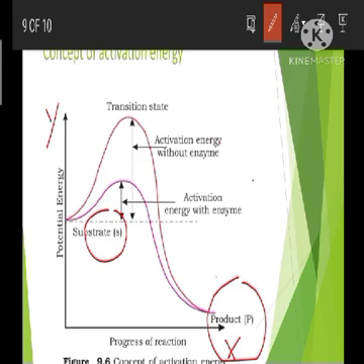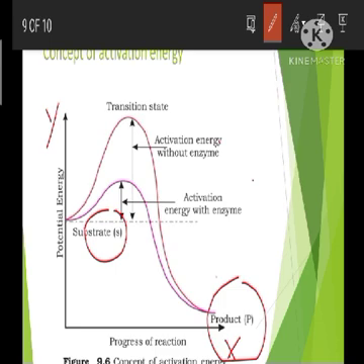It is the difference in average energy content of substrate S from that of its transition state. The difference between the energy content in substrate S as well as the transition state is said to be what? Activation energy.